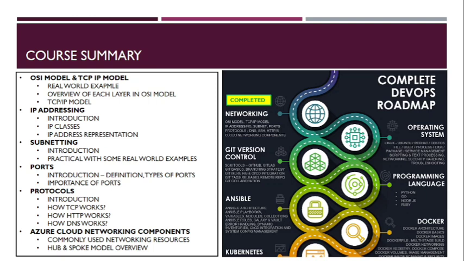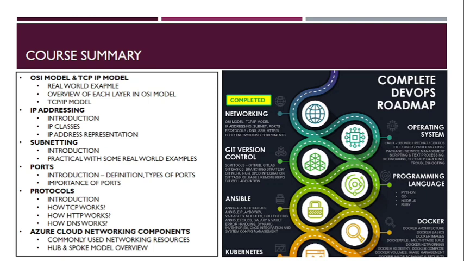Fourth topic we have covered in this course was ports. There we have learned about basic definitions of ports, then types of ports. We have seen importance of ports. The fifth topic was related to protocols. Under that we have learned introduction to protocols, how TCP protocol works, how HTTP protocol works, how DNS protocol works, and their equivalent real-time examples.